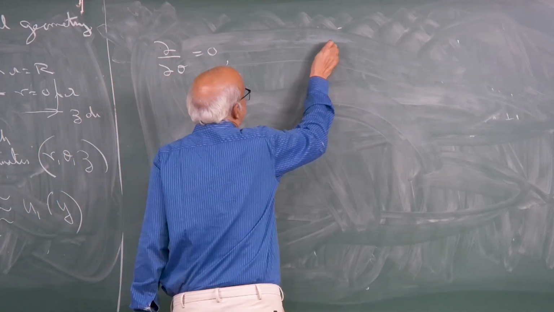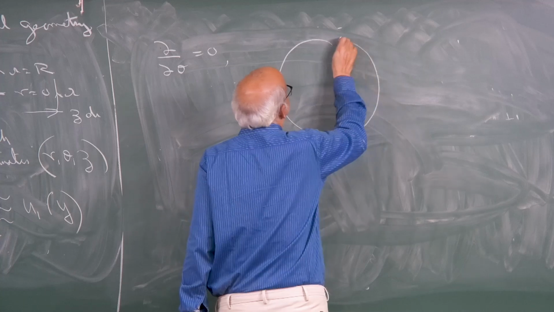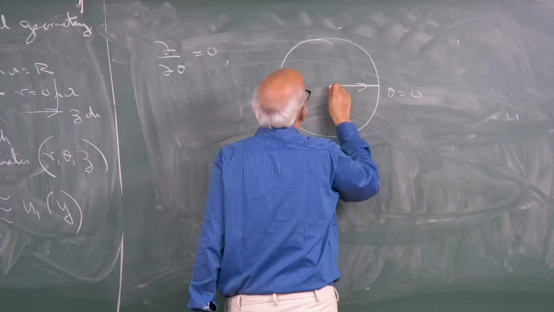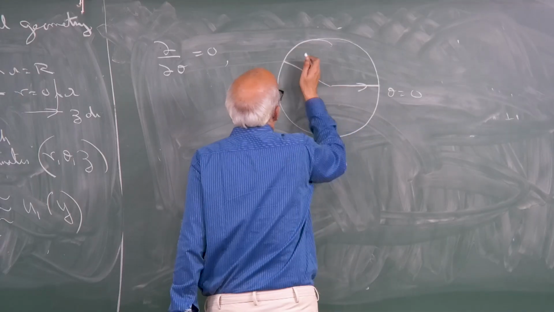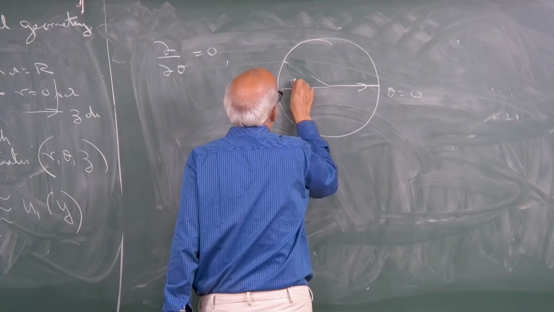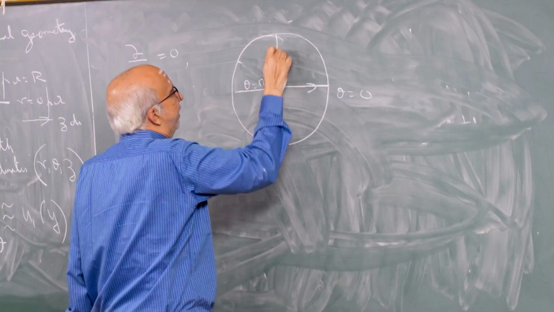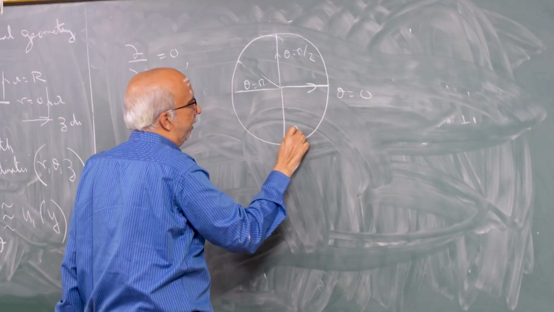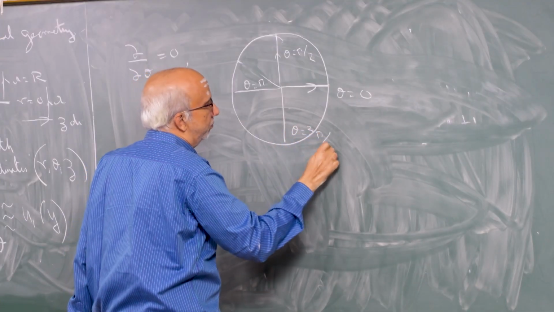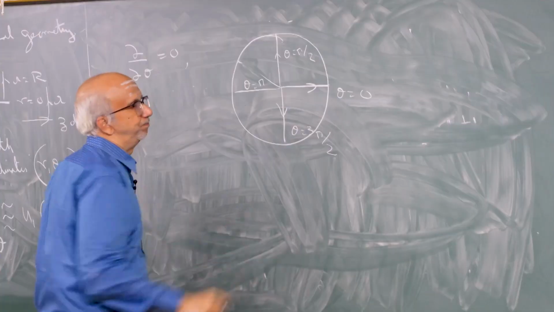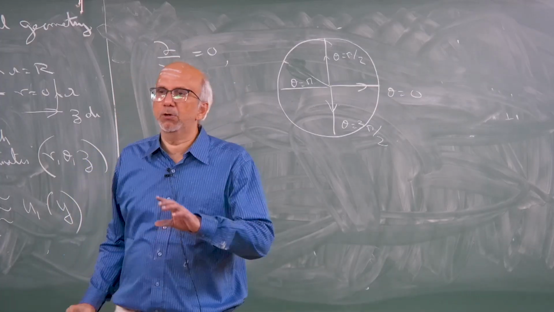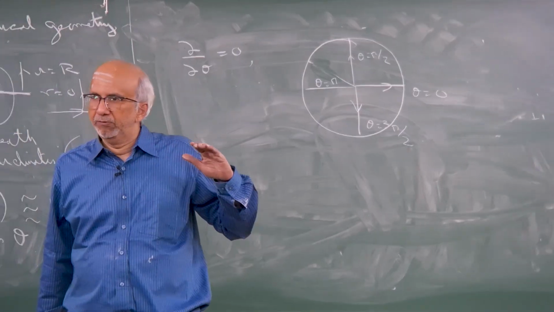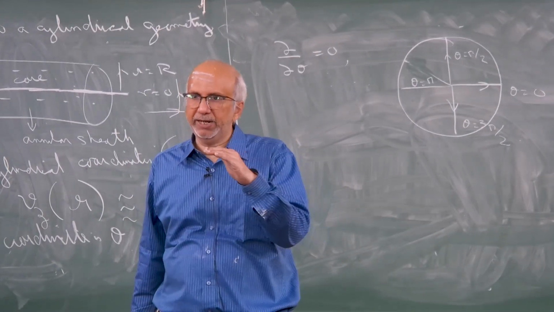What I am saying is, if you look at the cross section, this is theta equal to 0, this is theta equal to pi, this is theta equals pi by 2, and this is theta equals 3 pi by 2. If you look at it from the cross section, we have the velocity varying only in the radial direction.